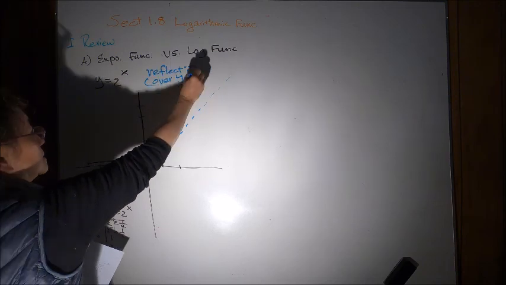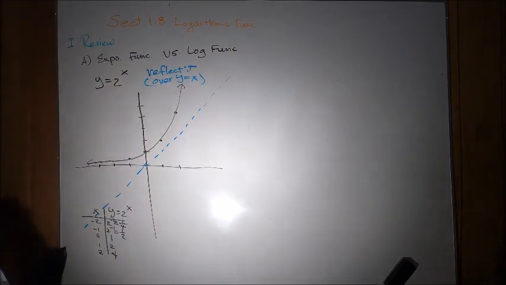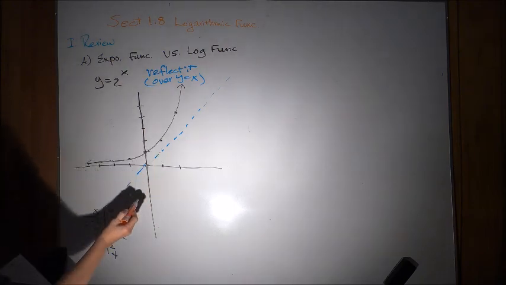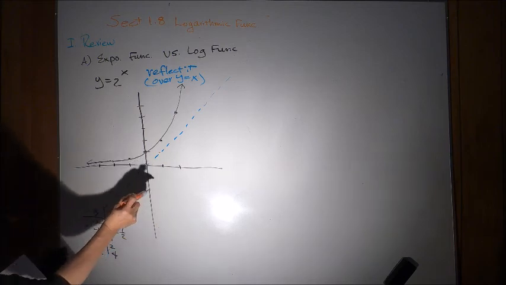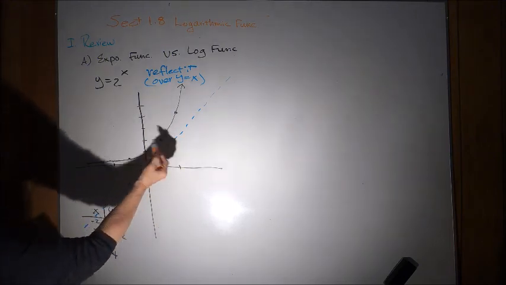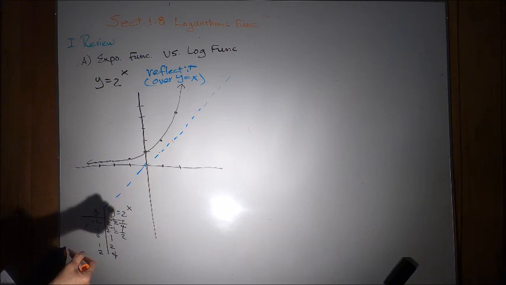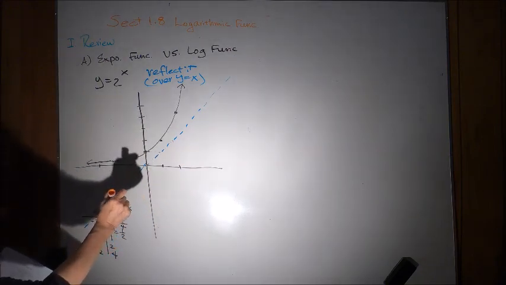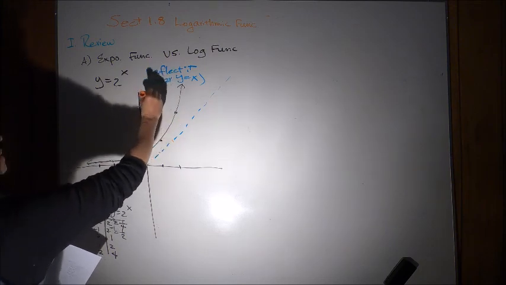What does that mean? That means we are going to switch x and y. If x and y are the same, 1, 1, reverse x and y, still 1, 1. 2, 2, reverse them, still 2, 2. We are going to reflect over. That means we are going to switch x and y.